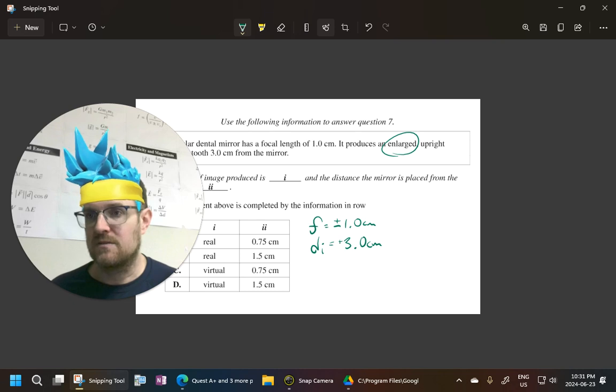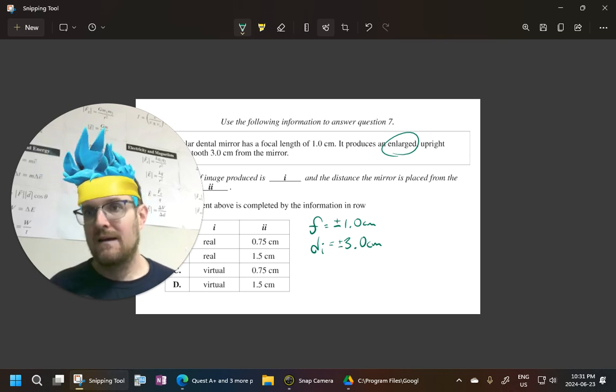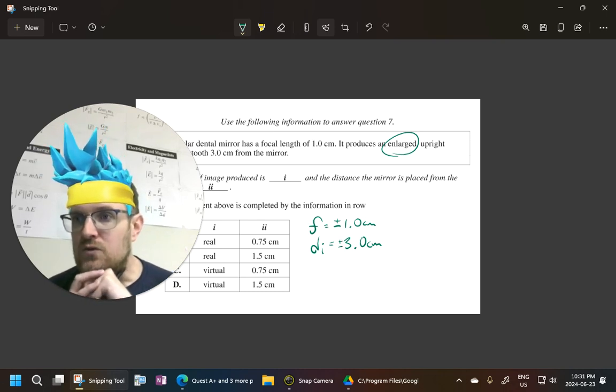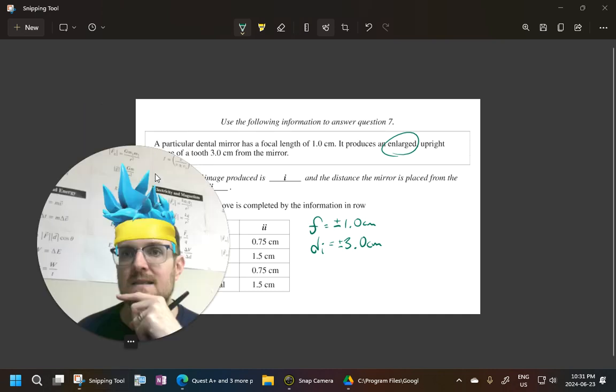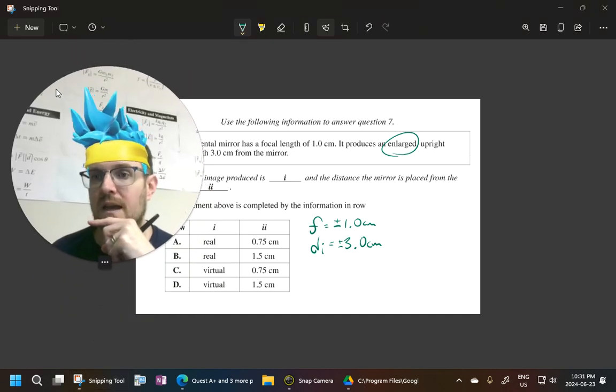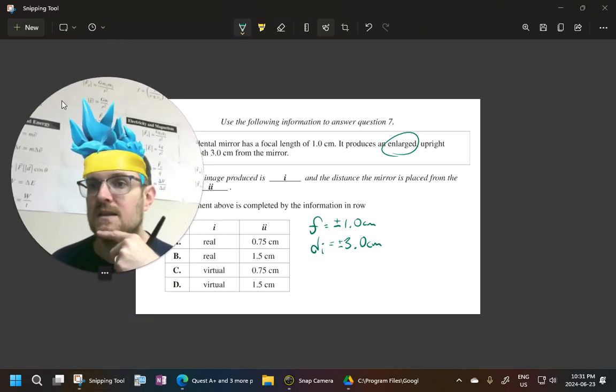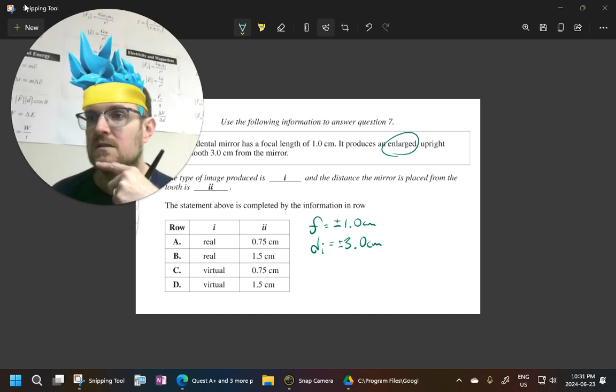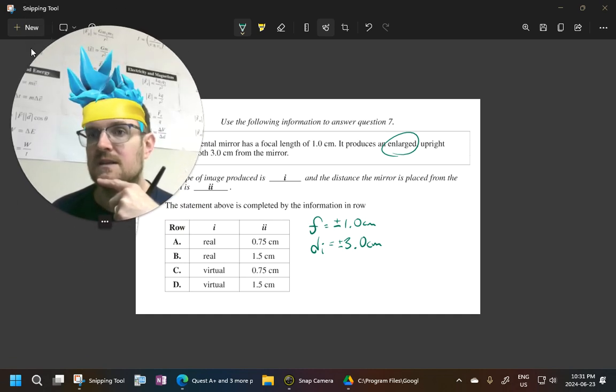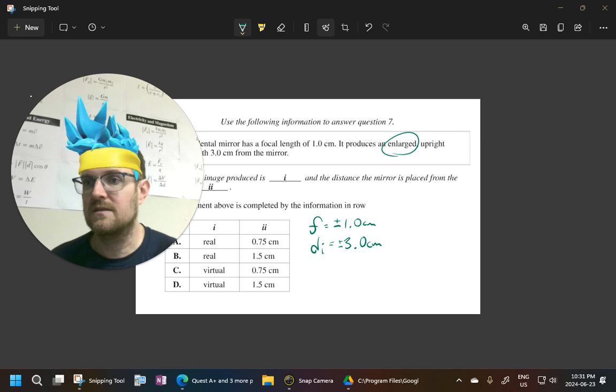Okay, I'm going to go plus or minus. What is the distance? Is it real or is it virtual? And we're looking for the object distance. Right, we're looking for DO.